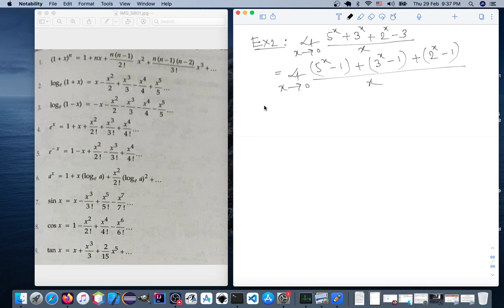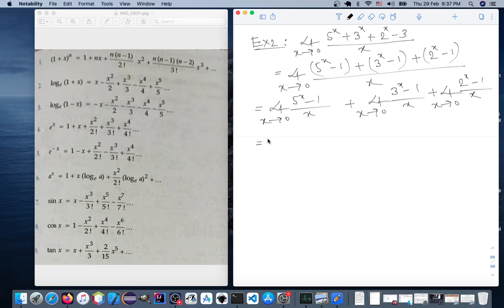So now clearly we can separate out the terms, and we see limit 5 to the power x minus 1 by x plus limit 3 to the power x minus 1 by x plus limit x tending to 0, 2 to the power x minus 1 by x.